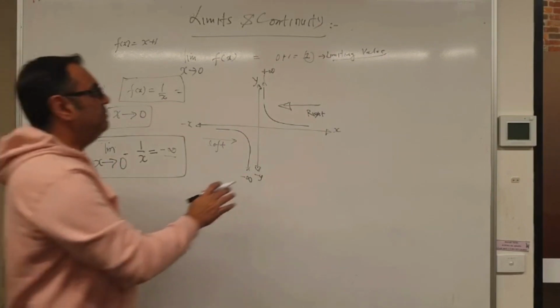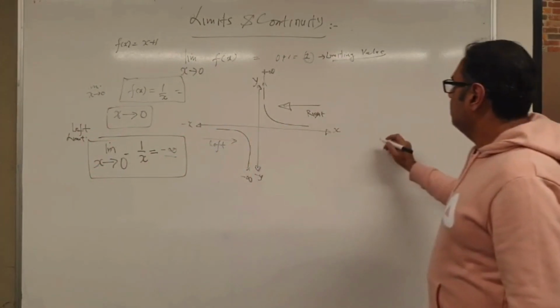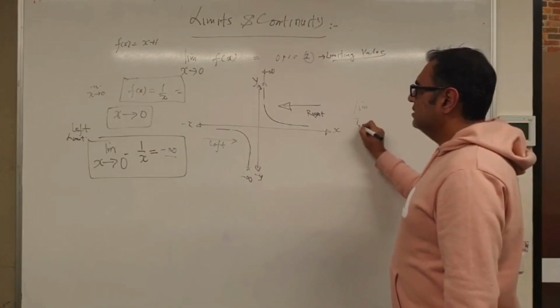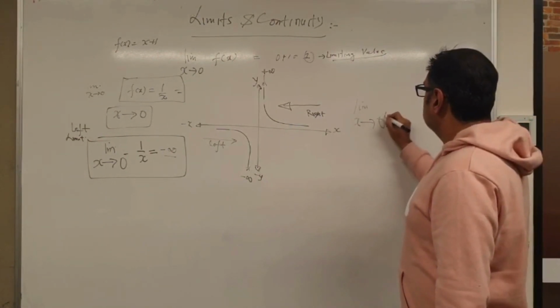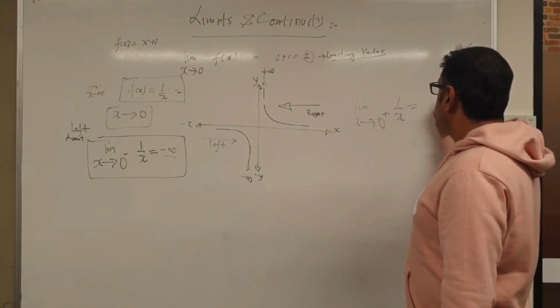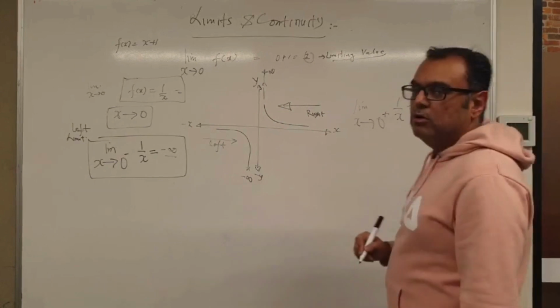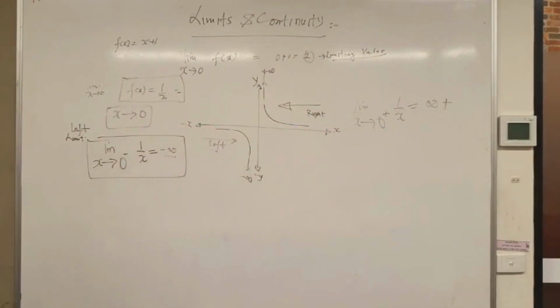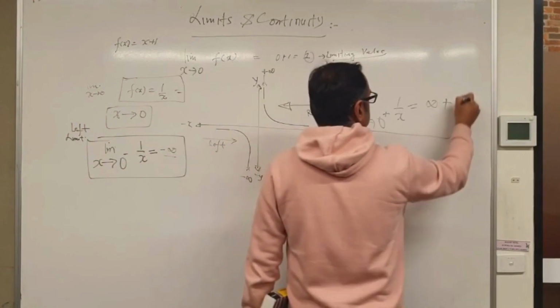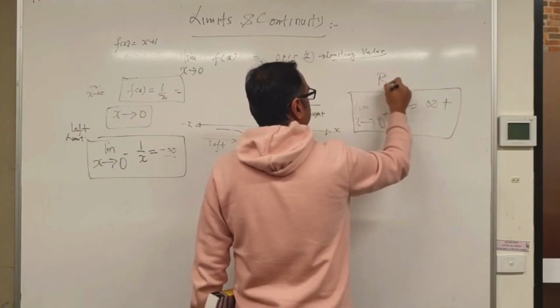And obviously what's happening here? Limit x tends to 0 from the positive side, 1 over x tends to positive infinity. Does that make sense? Yeah. 100%. This is the right limit.